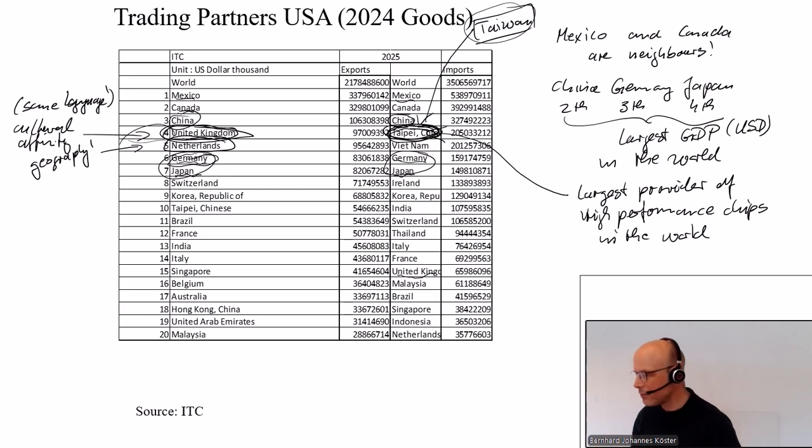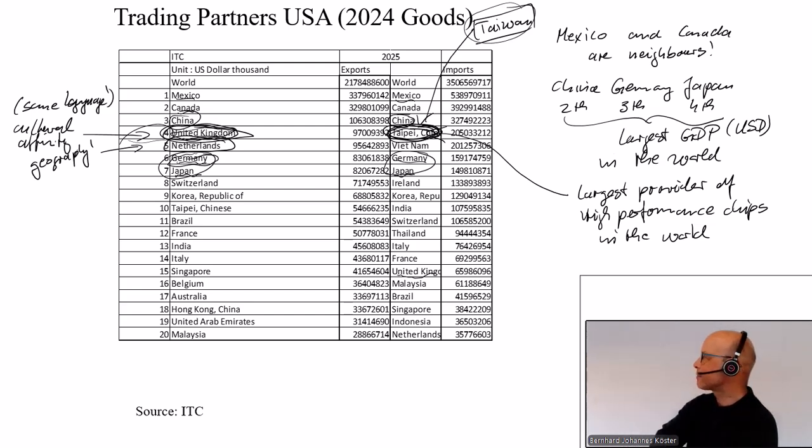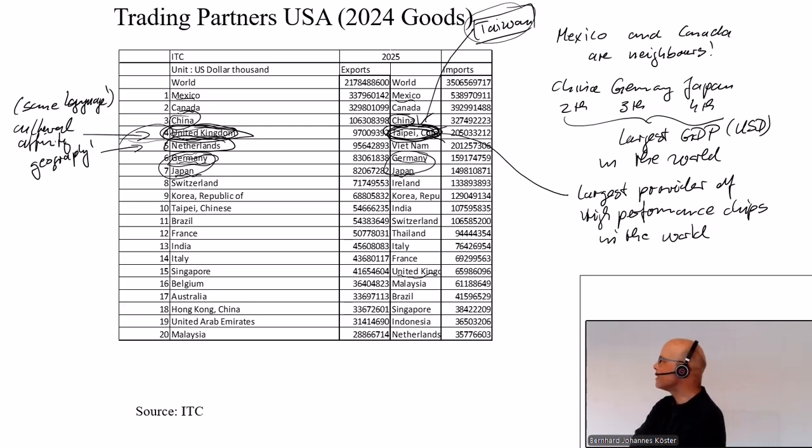And then we also find some special reasons. For example, looking at the United Kingdom, they are somehow a traditional trading partner of the United States.